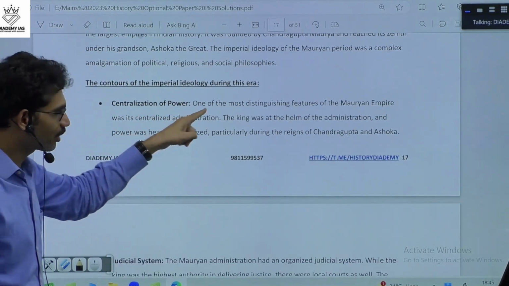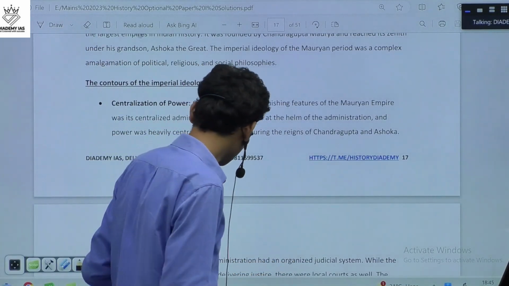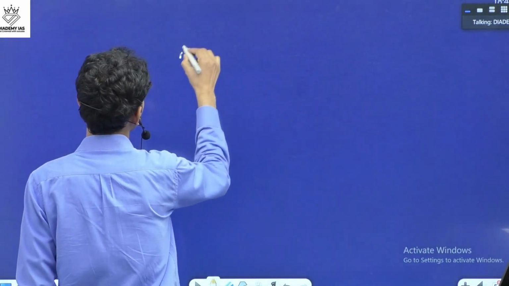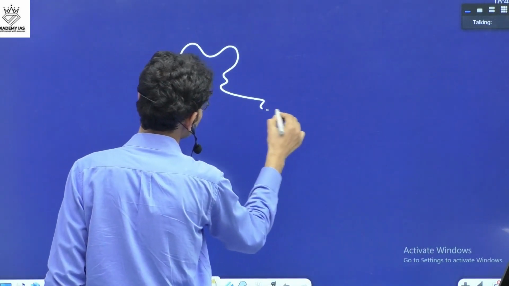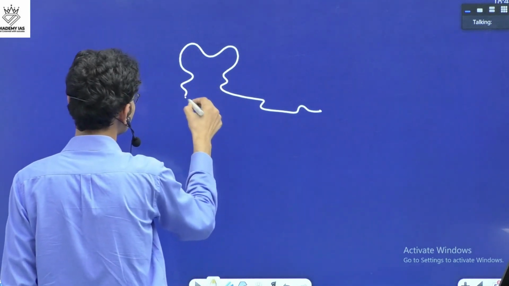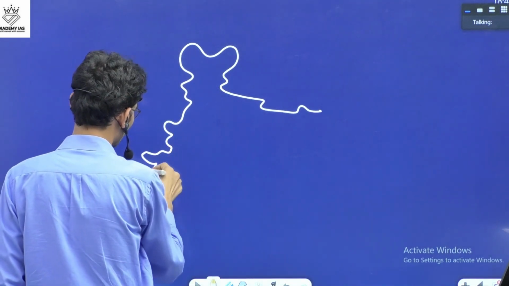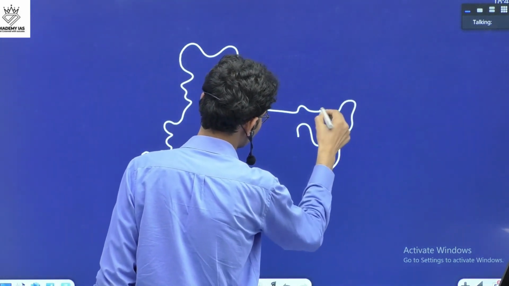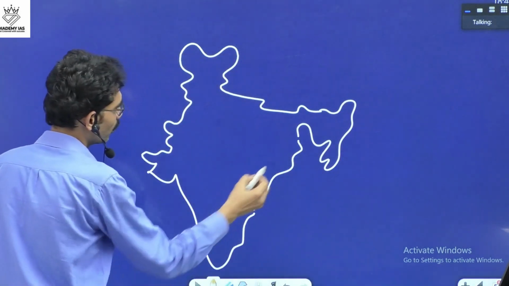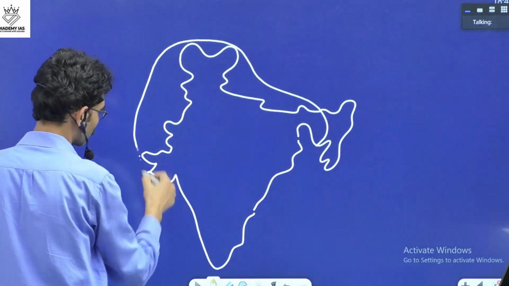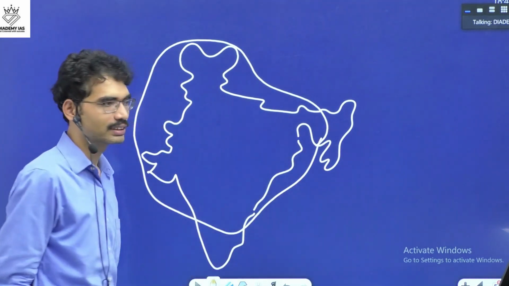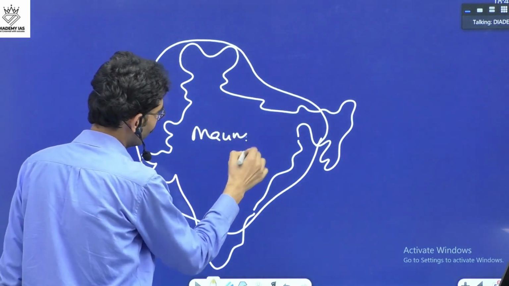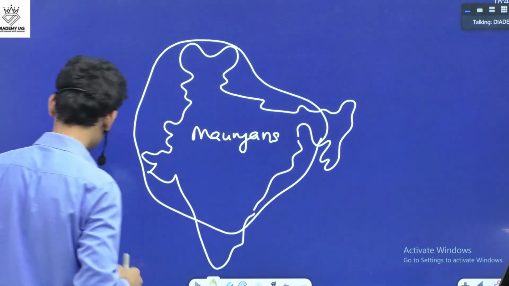Now you will write about the importance of the Mauryans. First, centralization of power. One of the hallmarks of the Mauryans is centralization of power. So almost the entire Indian subcontinent came under the Mauryans, and the Mauryans maintained centralized administration.